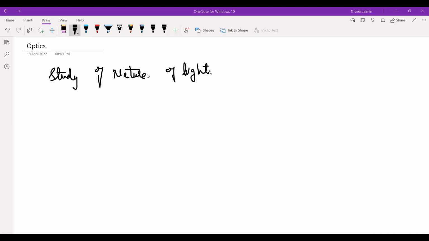That's it. That's optics. Now, in that we have two types, ray and wave. Ray optics deals with what? Particles of that light. Simple. And wave, how it moves. Ray optics deals with the particle nature.